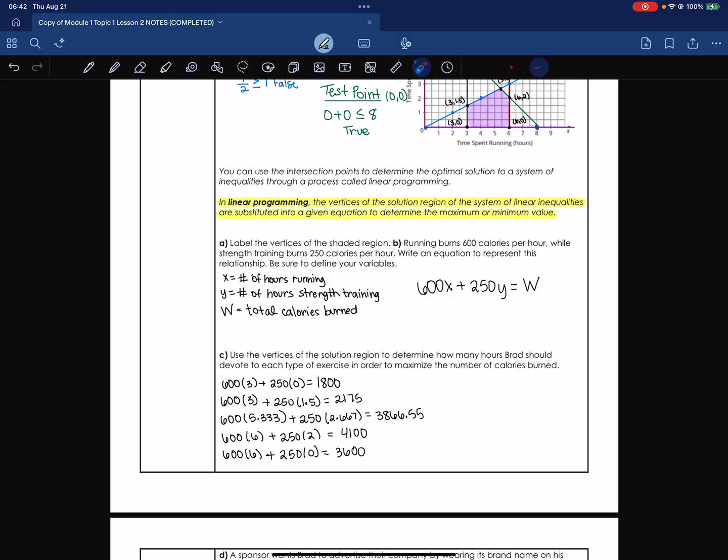So all we did again is we took these points right here and plugged them in. And what we're looking for is which one is going to maximize the calories burned. So which one of these numbers is the maximum, the greatest value? That would be this one right here.